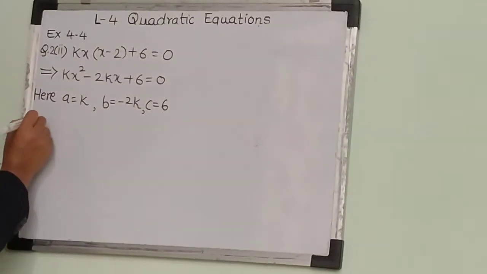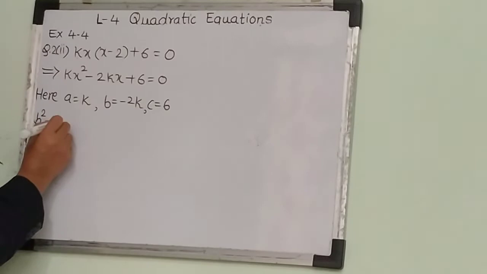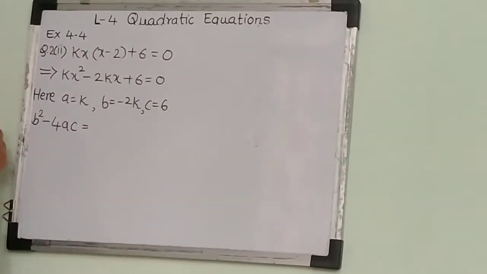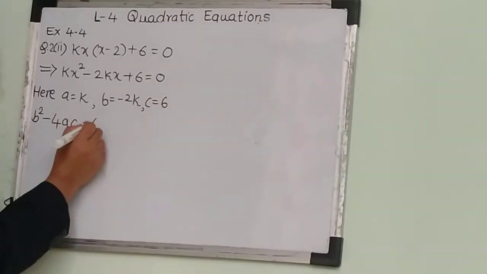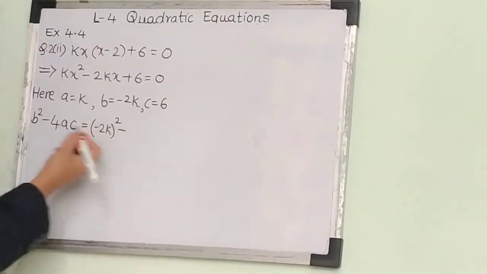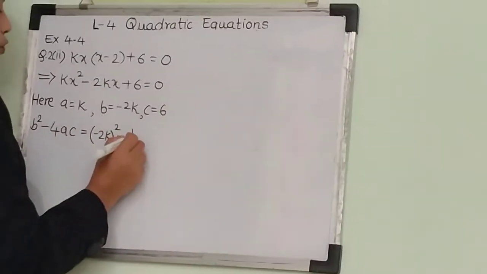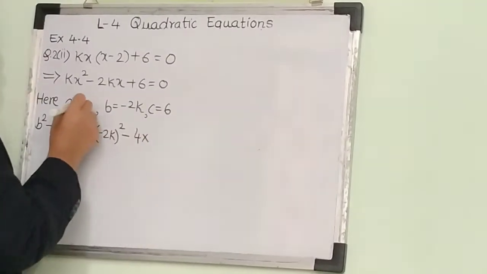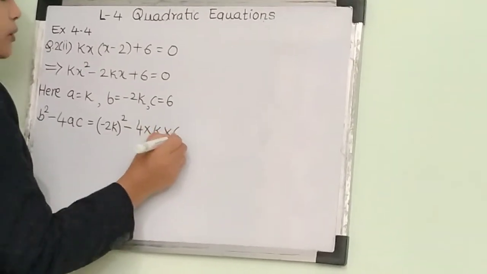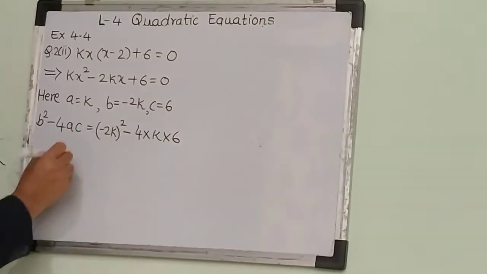Now first we are going to find the value of b square minus 4ac, that is the value of the discriminant. Now b square, that is (minus 2k) square, minus 4 into the a value k into the c value 6.